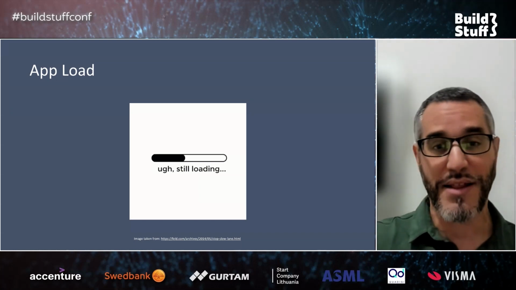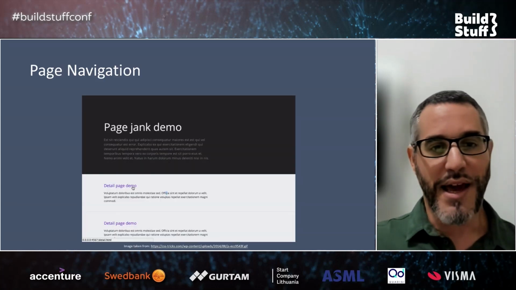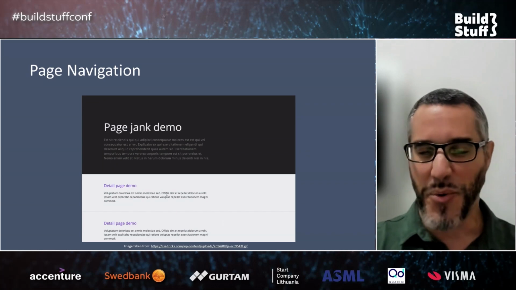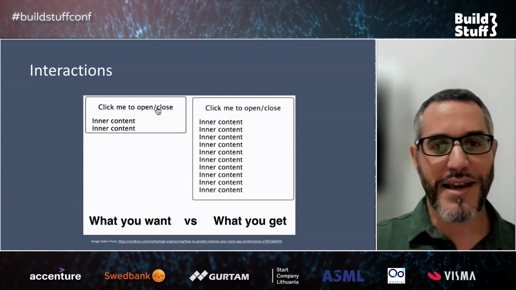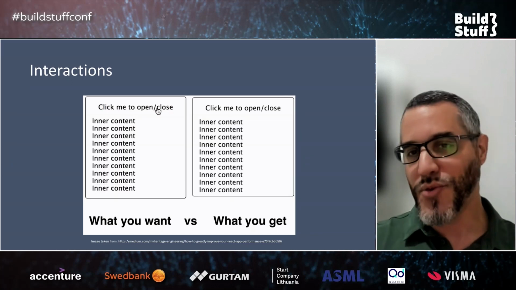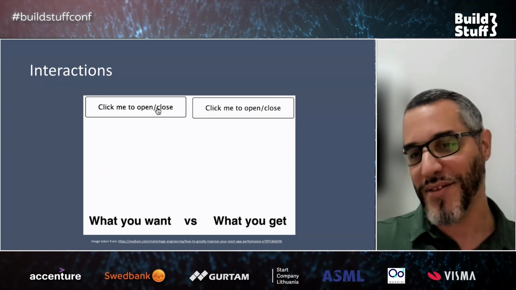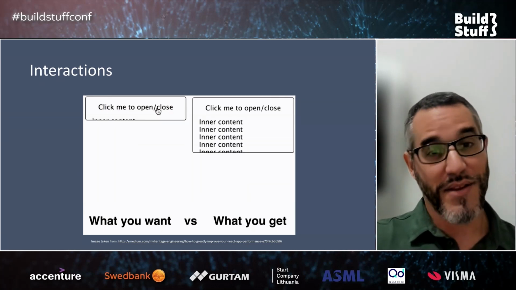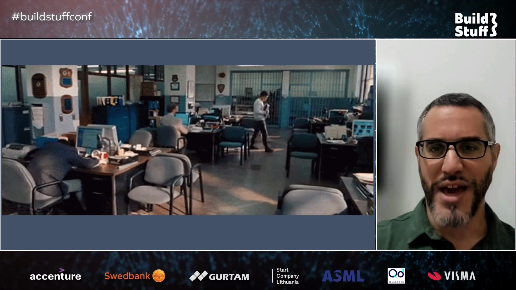So he's waiting and waiting and waiting, and then the application loads and he tries to navigate to a different page, and the navigation quirks. It looks a little bit weird. And then he's interacting with your drop-down that you created, and you're so proud of it. And you get the right side of the drop-down and not the left side that works on your machine. And you know what the users are going to do when they see such apps?